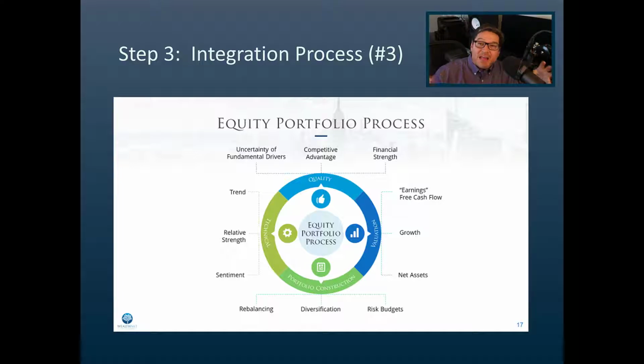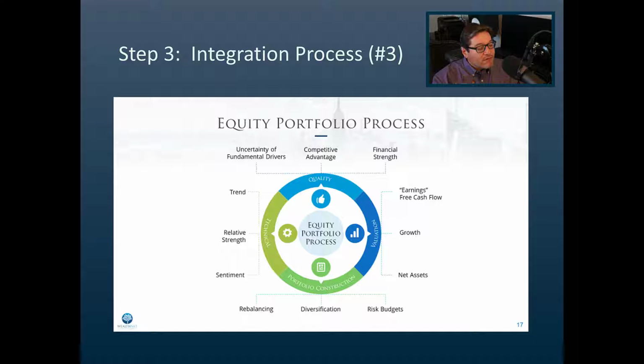Those are the 3 main categories. There's lots of things inside of that, but those are the 3 main categories. And then we have our valuation, I should say. And valuation is a function of earnings or free cash flow, the growth rates in the net assets. So capital versus how much you're earning and how fast you're growing. So those are all 3 main areas that have lots of subcategories, right?